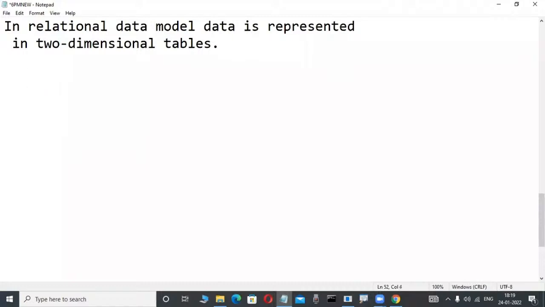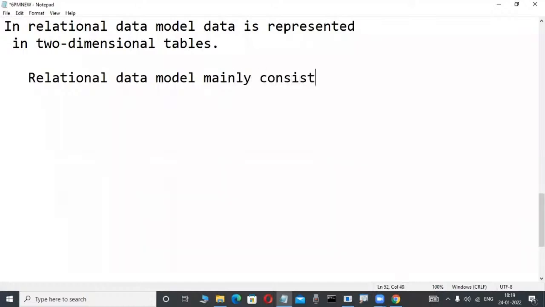Any relational data model product we observe mainly consists of three components. Mainly three components only. What are those components? These names you must be familiar with before we start our course.